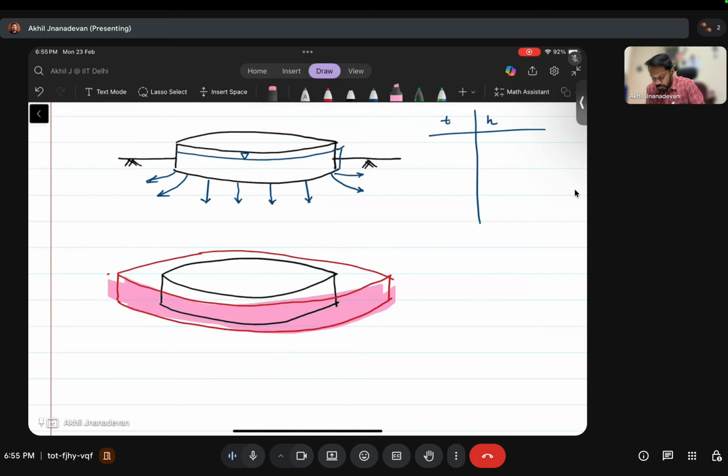What we'll basically do is fill water in the inner ring, and also in the outer ring. So the gap between the inner and outer ring, there also we'll fill it with water.